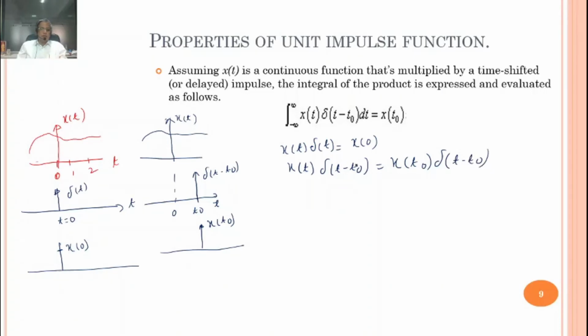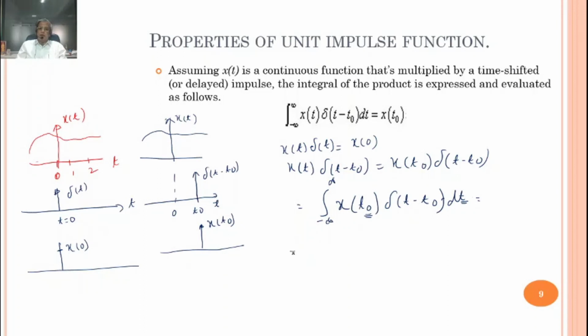Now if we substitute this value in this integration, we get the integration from minus infinity to plus infinity, where instead of x of t, we now have x of t0 and delta t minus t0 dt. As the integration is with respect to t, x of t0 is constant with respect to t.